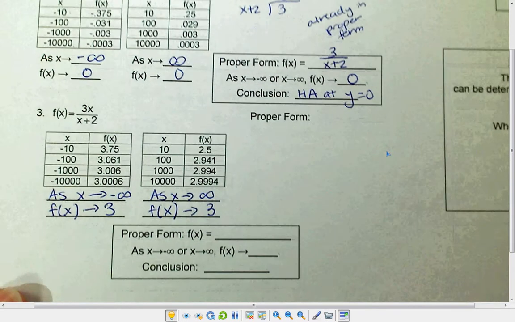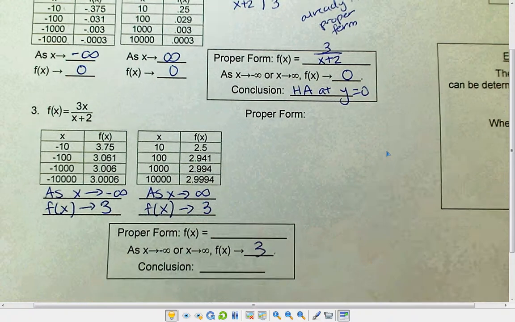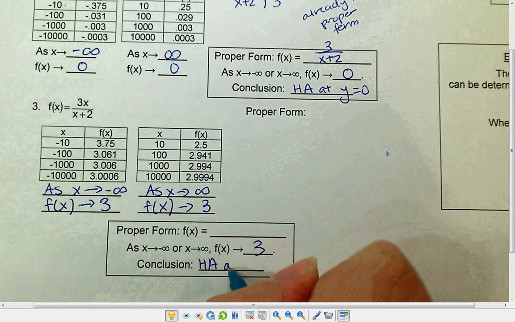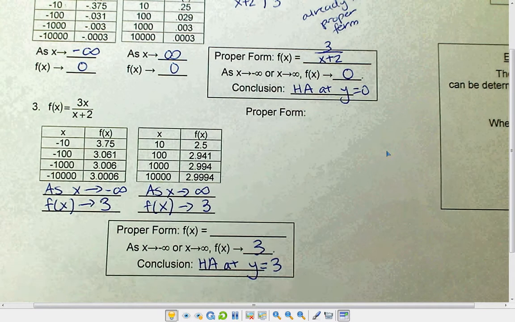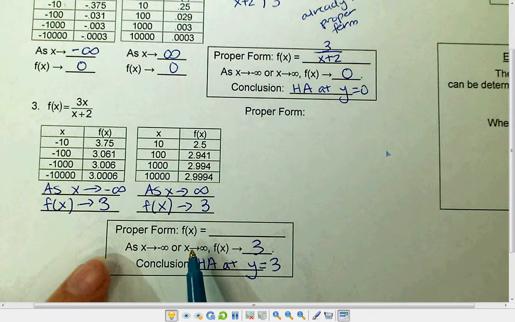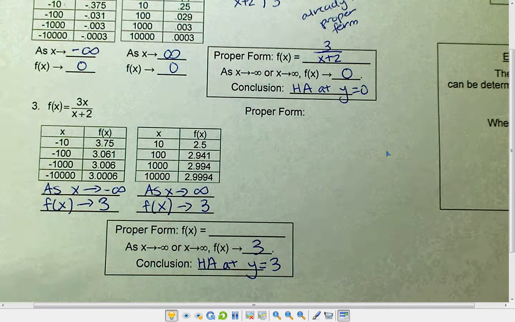So we already know that as x approaches infinity or negative infinity, y is going to approach 3, which tells us that we have a horizontal asymptote at y equals 3. Again, horizontal asymptotes are when x approaches infinity and y approaches a number. Vertical asymptotes are when y approaches infinity and x approaches a number.